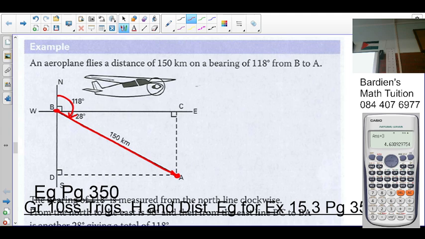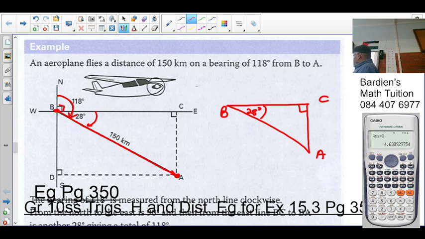However, for the triangle, how many degrees? 28. Why? Because taking 90 off 118 gives me 28. You all understand? So we have something looking like this now: a triangle with 90 degrees at C, with A and B, and that is 28 degrees.